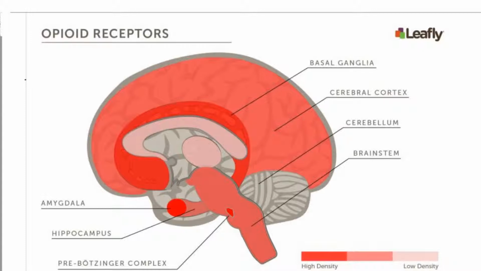These receptors include the basal ganglia, cerebral cortex, the cerebellum, brainstem, amygdala, hippocampus, and the pre-Bötzinger complex. The brain's reactions trigger the pain-killing sensation when opioids are consumed. How well it works varies on the dosage and which drug is taken.